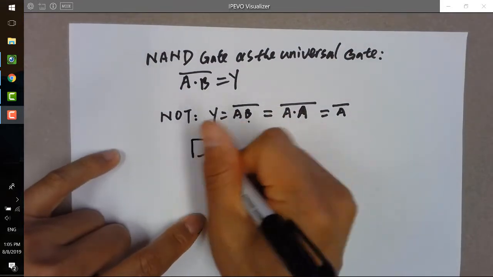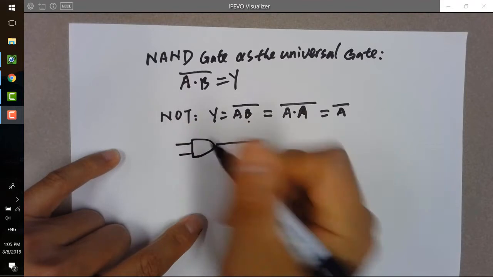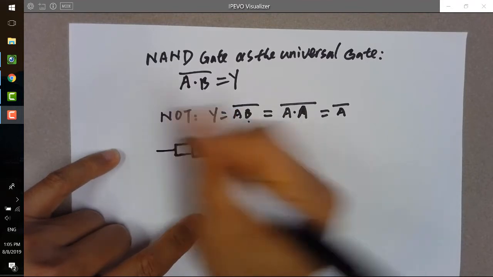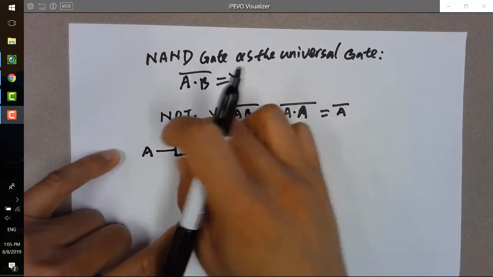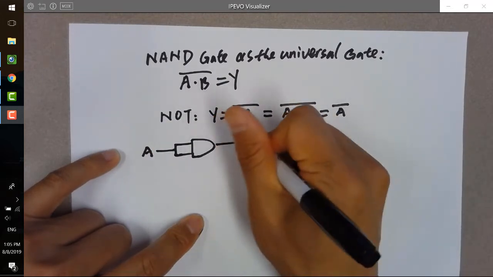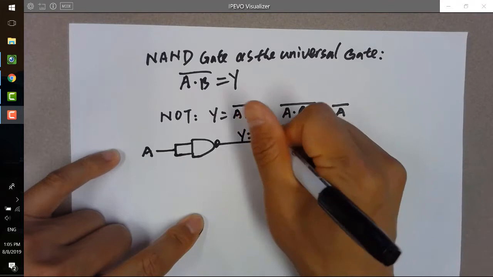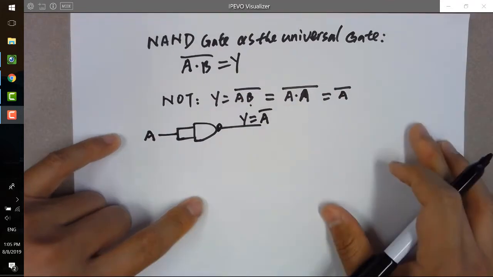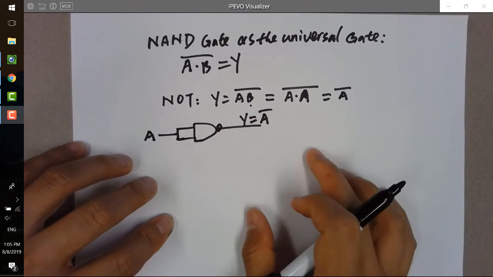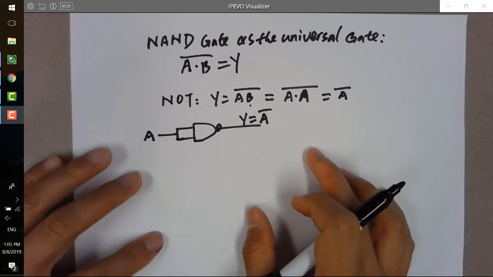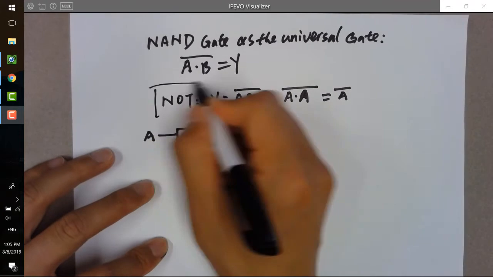To implement that in a real circuit, you just need to short the two inputs, so they have the same input, and then the result will be A NOT. So that's an inverter made using a NAND gate. Okay, that's a NOT gate first.